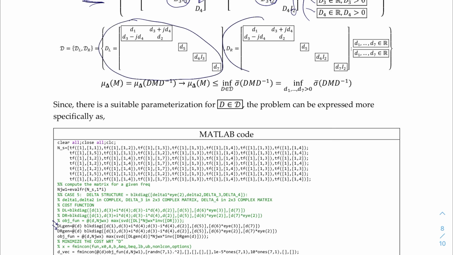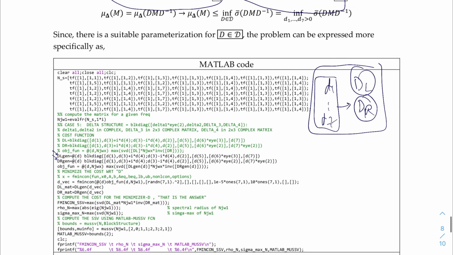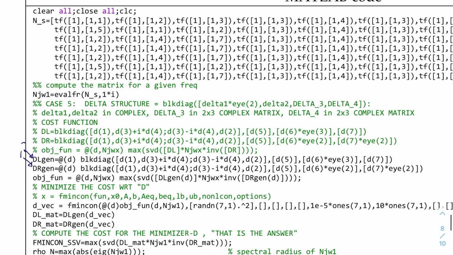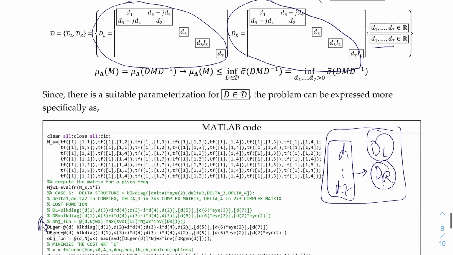So we know the DL parameterization and DR parameterization. We have 7 variables, D1 dot dot dot D7. And if you give me D1 dot dot dot D7, I will give you DL and DR, the corresponding two matrices, right? And these two functions basically do that.